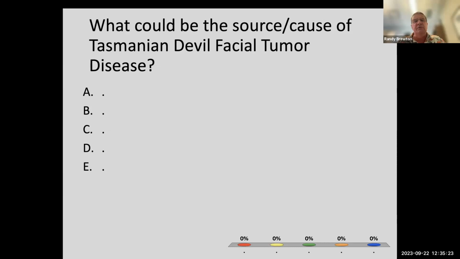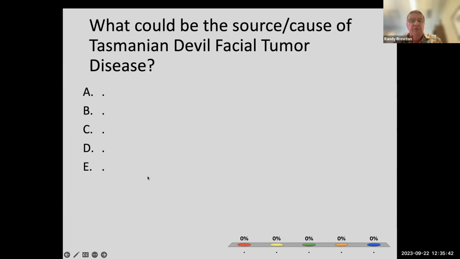And so one of the questions that I would ask is, what might be the source or cause of the facial tumor disease? And so once again, I would have the class, we're not going to make y'all do this right now, put stuff in the chat or offer suggestions in person.